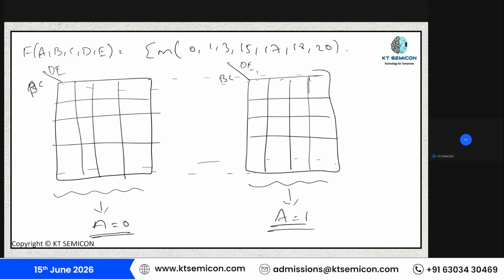Okay. Now it is D bar E bar, D bar E, D E, and D E bar.